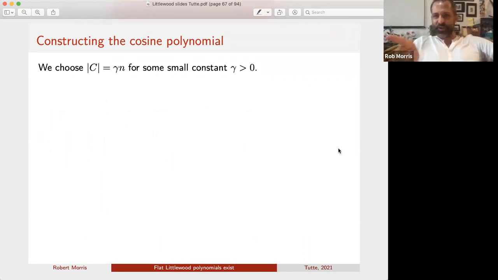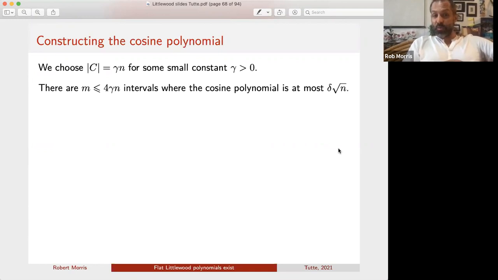It's whizzing around randomly, and we're worried about when it's in these intervals. We have m intervals where it's close to 0. Now, if this cosine polynomial is degree only gamma n, then there are only 4 gamma n intervals when it's small, right?